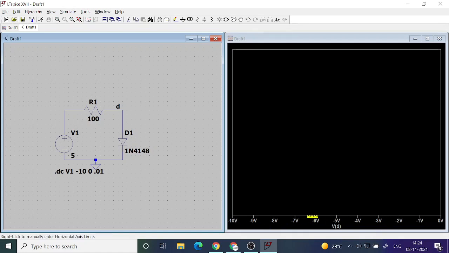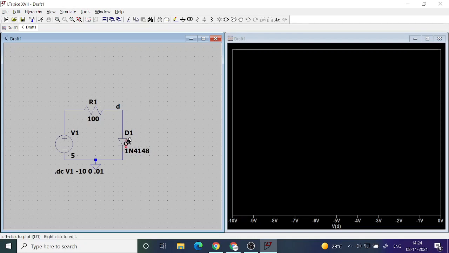It is still going from 0 to minus 10, almost the entire range of voltage that we made the voltage source change. So the voltage source is changing from 0 to minus 10. The voltage that is coming across the diode is also changing by the same amount. This is one difference that you see. In the forward bias, when you change it from V1 to V of D, we had only up to 0.9 volt. The scale was going from 0 to 0.9. But now it's not up to minus 0.9, it is up to minus 10.